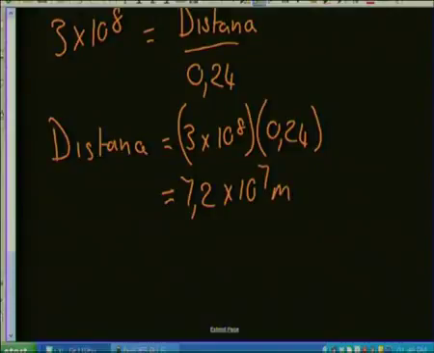Now, 72 × 10⁶, or 7,2 × 10⁷. I hope you can see we've divided the 72 by 10 and increased the exponent by 1 to give us 1 decimal place, and that gives us the correct answer.